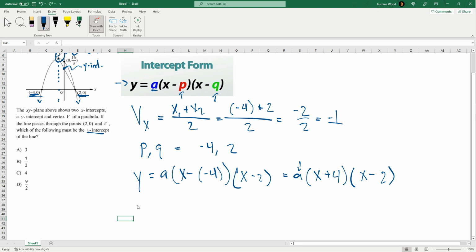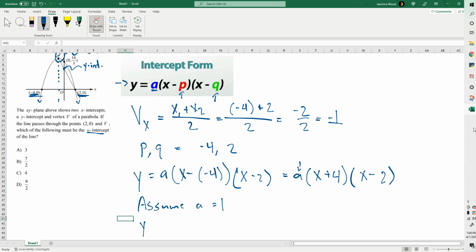If a equals 1, assume a equals 1. So then basically, to find the y value, we just plug in -1. Well, we have this value to test it against, so we can plug in 0 and see what we would get.